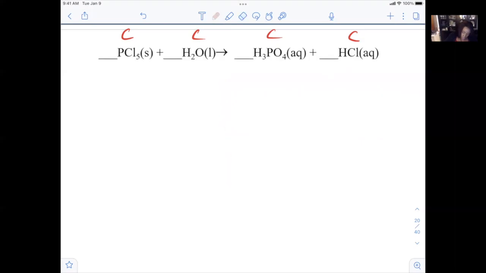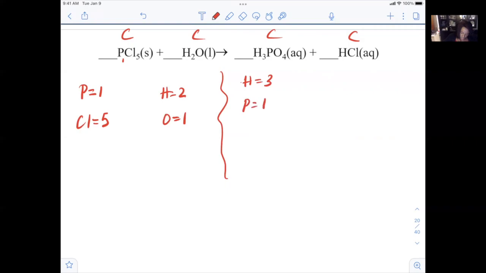So let's see. In balancing this, I have 1 phosphorus. I have 5 chlorines. I have 2 hydrogens. I have 1 oxygen. I have 3 hydrogens. No, sorry, 1 phosphorus. Sorry, my mind was wandering.